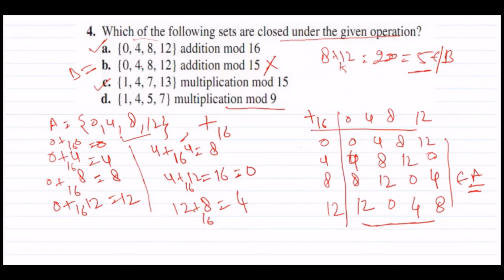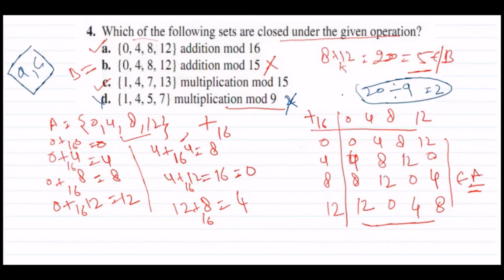When 20 is divided by 9, the remainder is 2. But 2 is not there. Therefore, this is not closed under multiplication modulo 9. So this is also not closed. So A and C are right.